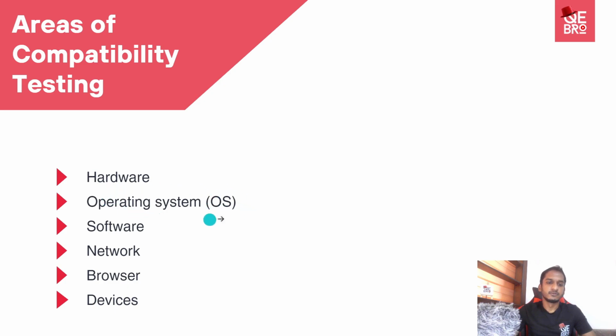Then the operating systems. We discussed operating systems a lot. I showed some stats as well. Other than that, there could be other third-party software as well. For example, maybe your antivirus software, or the proxies, or the firewalls. Because from these applications also, sometimes some parts will be blocked, some API calls will be restricted. And also from my experience, I have witnessed that sometimes having different Chrome plugins can affect how your application will render or load.